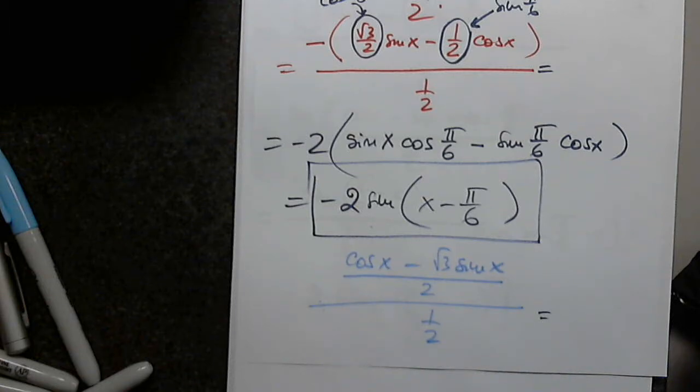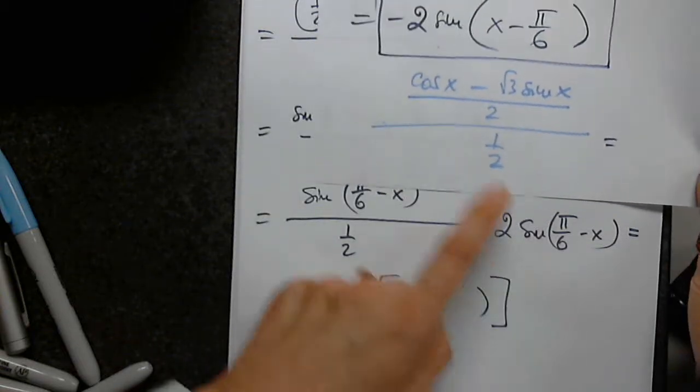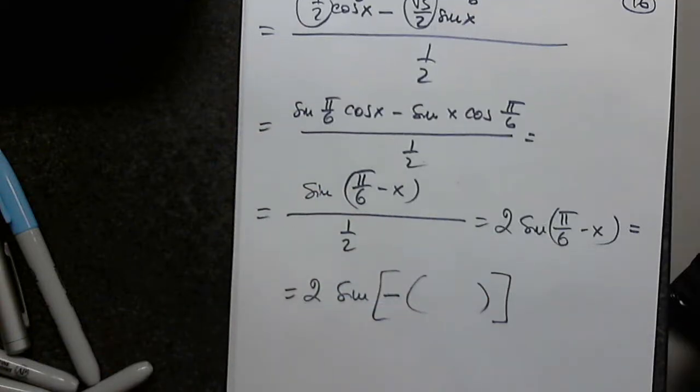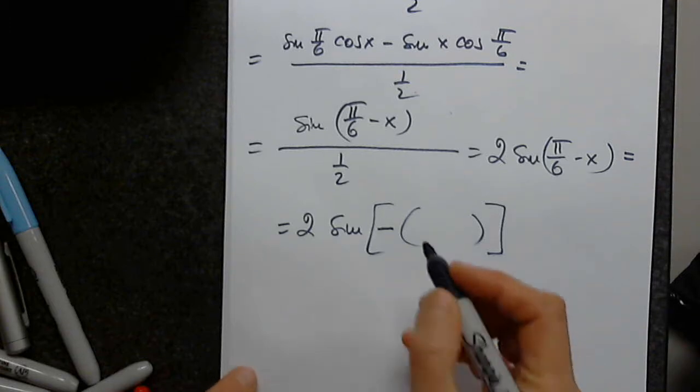This is the correct order. We normally don't say sine pi over 6 minus x. We normally say x minus pi over 6. But it's not wrong. Okay, so then this is not the same, right? I need to show now that they are the same. So I factor out -1, what is left in parentheses here?